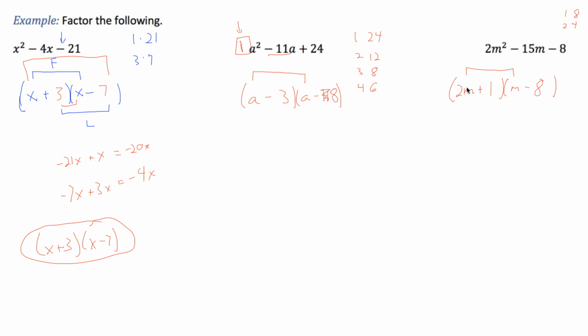But as we look through here, we get our 2m squared, and multiplying these two gives us negative 8. Now let's look at these. 2m times negative 8 is negative 16m. Looking at the inner is 1m. That does in fact give us negative 15m, which is that linear term here. And so this is the answer that we're looking for.